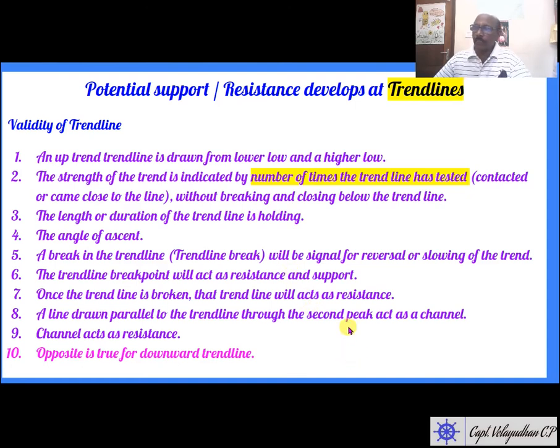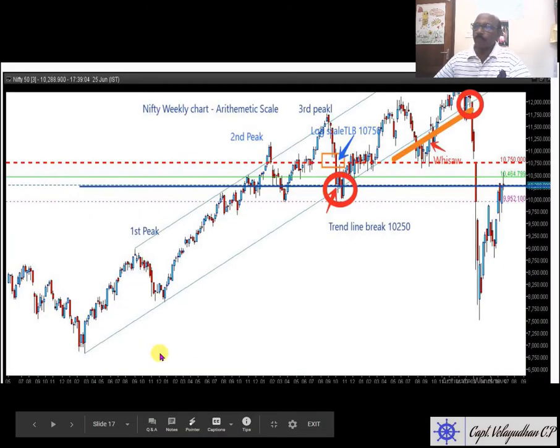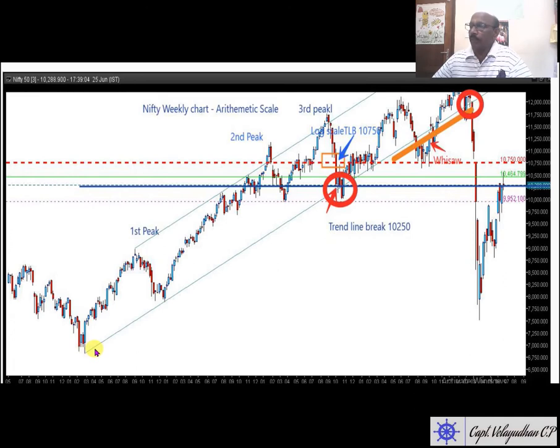This I will explain on a chart. Here we drew one trend line. I drew a parallel line to this line through this peak. This line acts as a channel. Channel means most of the time price will move up here, then come down, move up, come down.